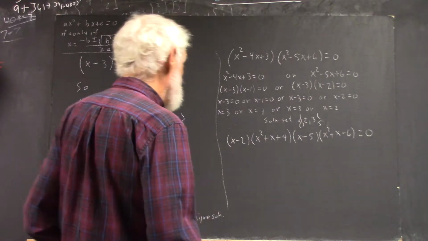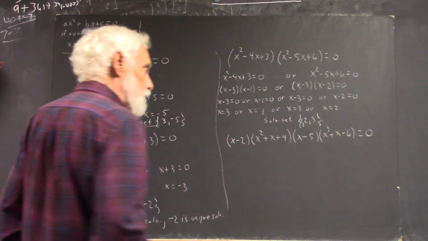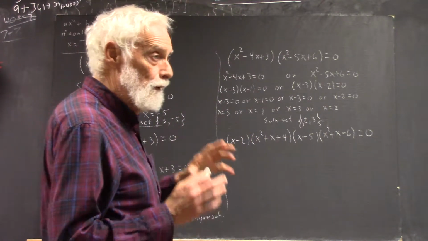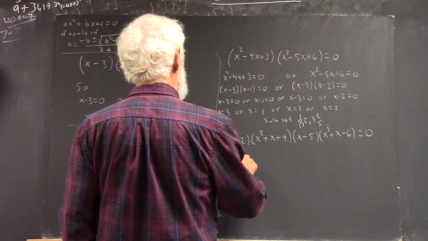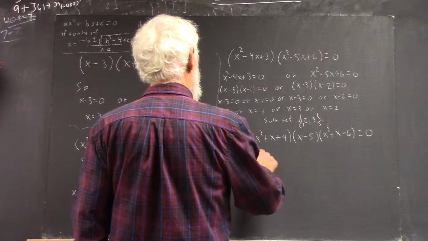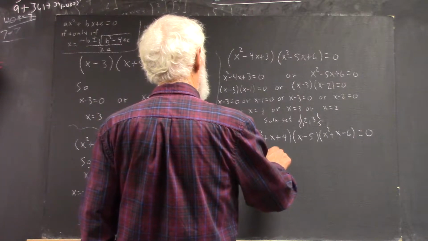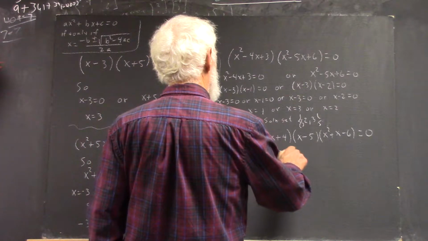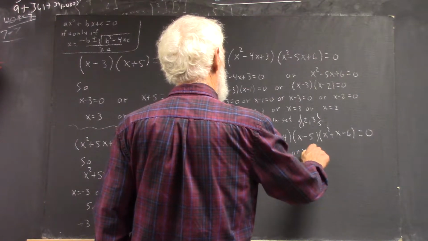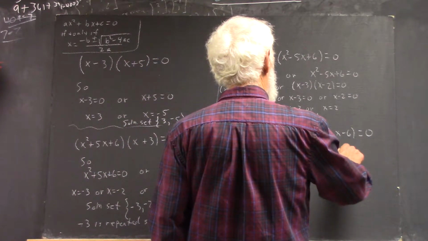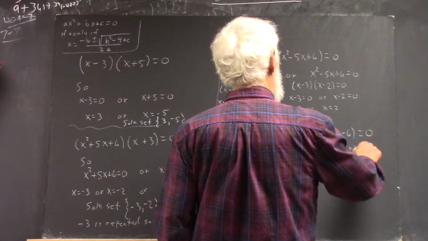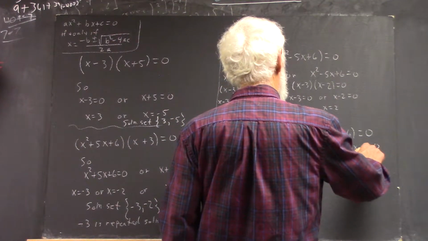On this one, we write it down. Now I've told you, I want you to write down the step where we say x minus 2 is 0, or x squared plus x plus 4 equals 0, or x minus 5 equals 0, or x squared plus x minus 6 equals 0.